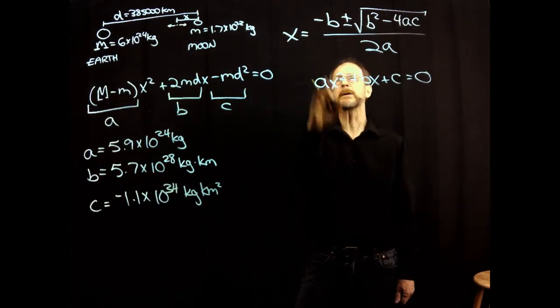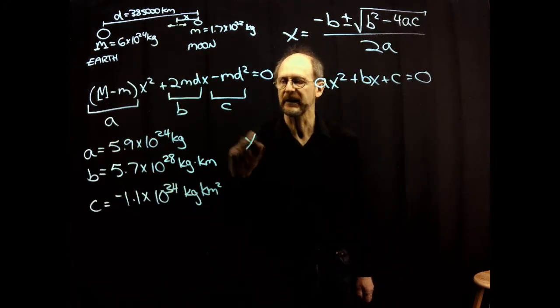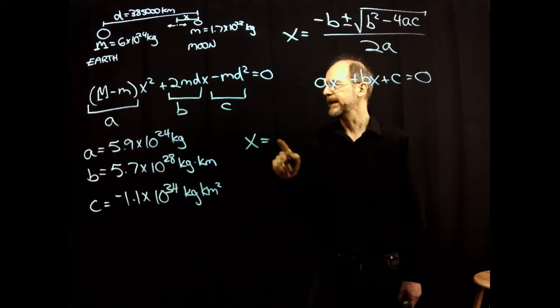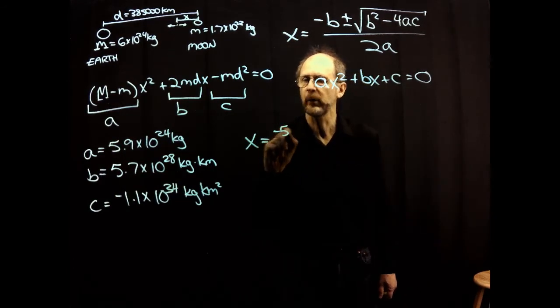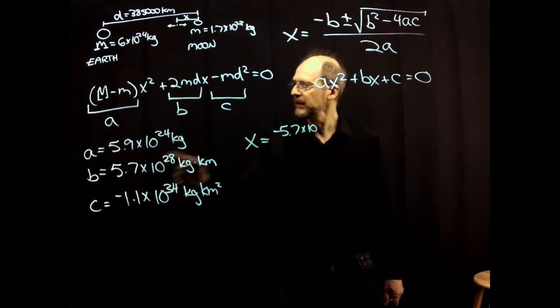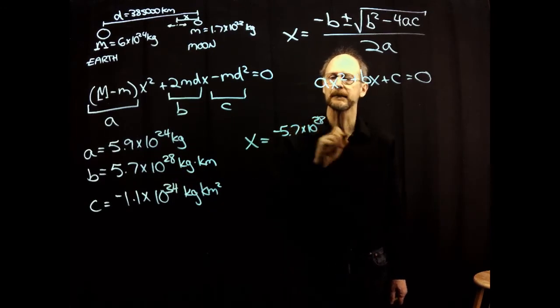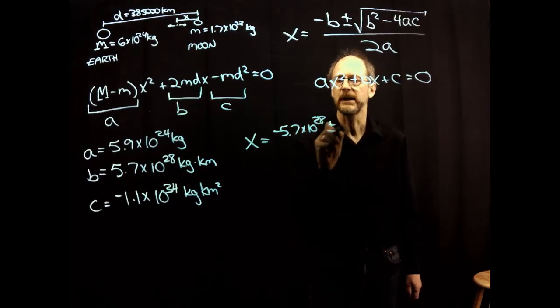And so we can go ahead and plug in. We can say x is equal to negative b, so negative 5.7 times 10 to the 28, plus or minus the square root.